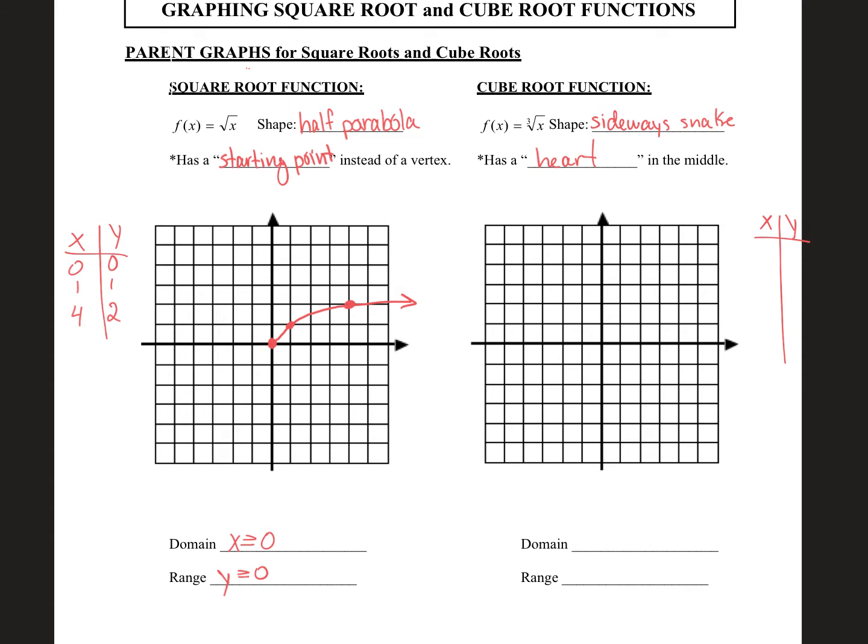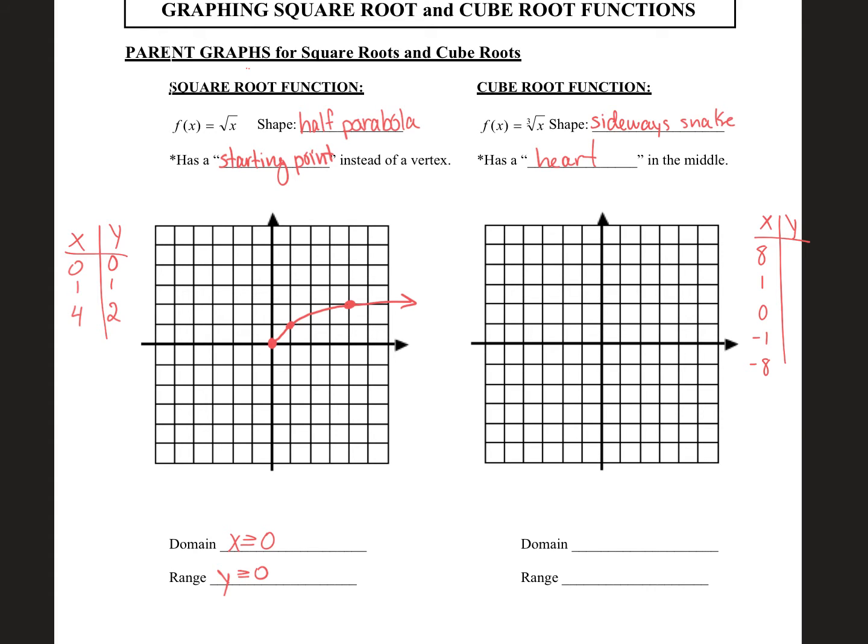Since we're taking the cube root, the values of x we can plug in can either be positive or negative, and it's going to be helpful to choose values of x that are already perfect cubes, because then we'll get nice whole number ordered pairs when we graph. So I'm going to choose 8, 1, 0, -1, and -8.